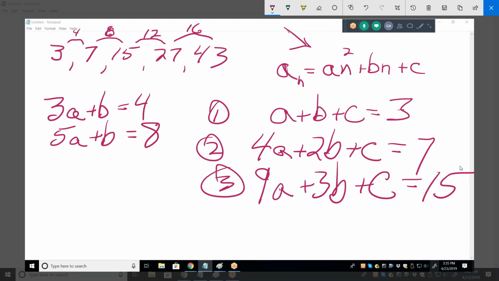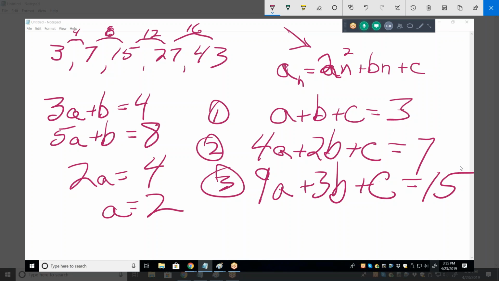And now I'm going to subtract the bottom one minus the top one, which gives me 2a equals 4, a equals 2.